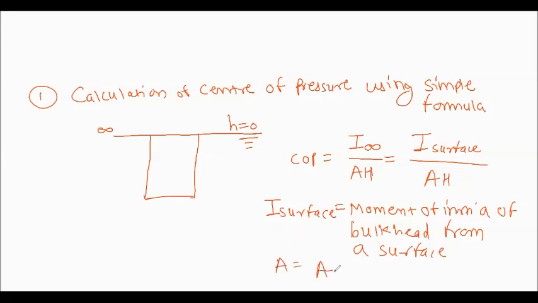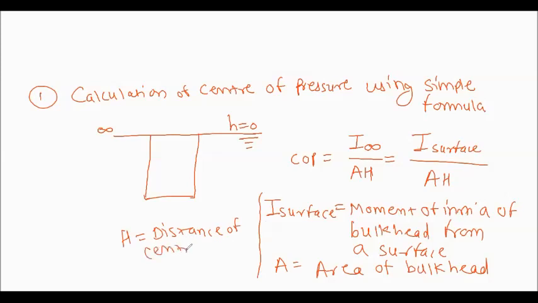A is the area of the bulkhead, and capital H is the distance of the centroid of the bulkhead from the free surface, that is your H. I hope all of you understood the notation which is used in the formula.